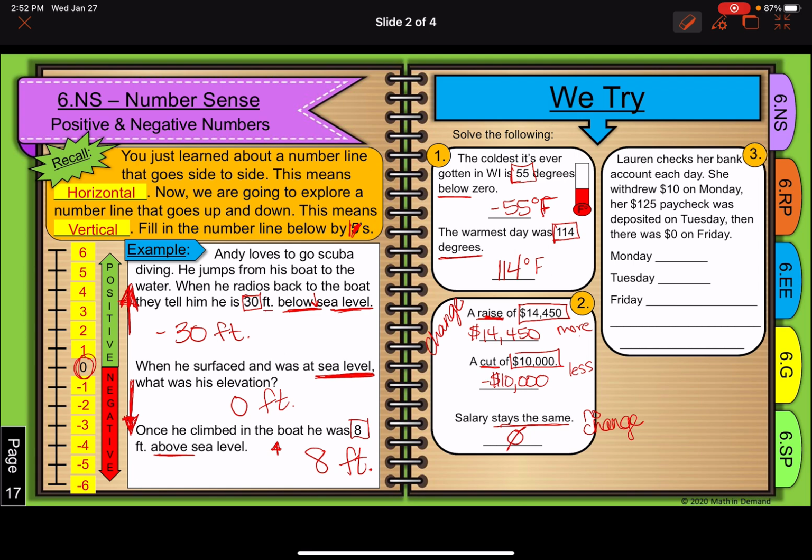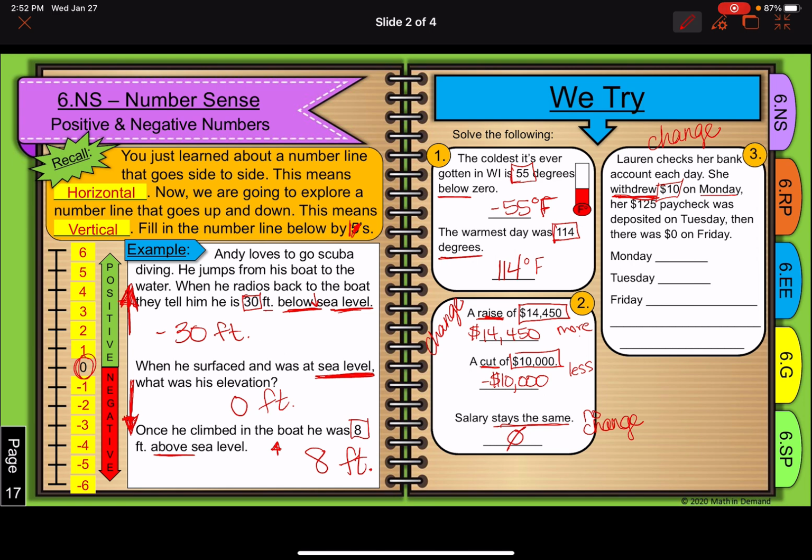All right, so let's look at the next situation. So Lauren checks her bank account each day. She withdrew $10. So right away, it's telling us what's happening to the bank account. It's telling us how the bank account is changing. So on Monday, she withdrew $10. So withdrawing means she took it out of her bank account.